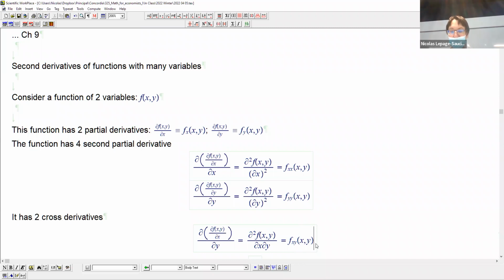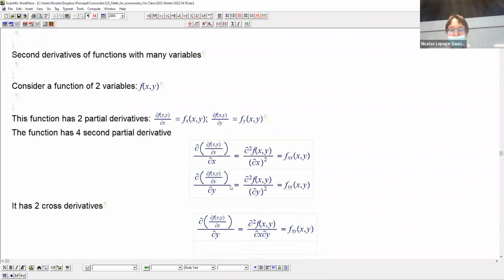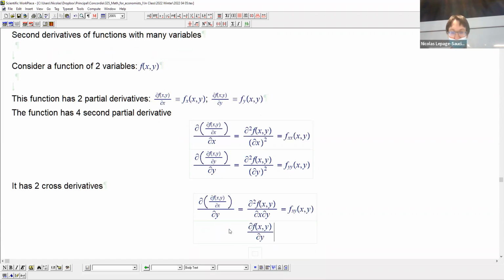And then I could do the opposite. So let's start with y. Then derive it with respect to x. And then the only thing that would change is that here the order is changed. And I would get, rather than dxdy, I get dydx.